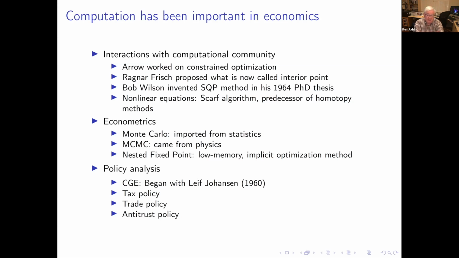The other thing I like to point out is that the SQP method, sequential quadratic programming, a part of so much of the leading software, was first invented by Bob Wilson in his 1964 PhD thesis. Also, the Scarf algorithm, proposed and published in the mid-60s, was a predecessor of homotopy methods. So in the past, there was this interaction with the computational community.